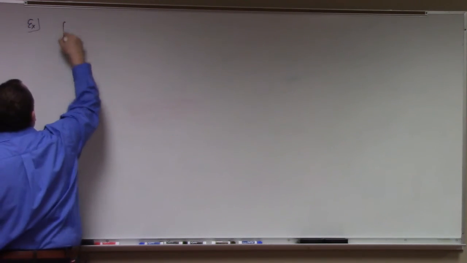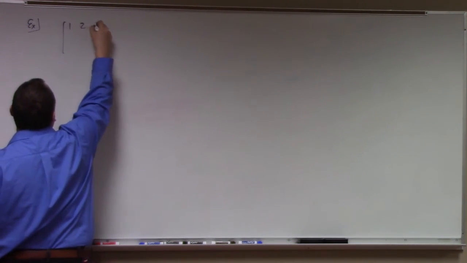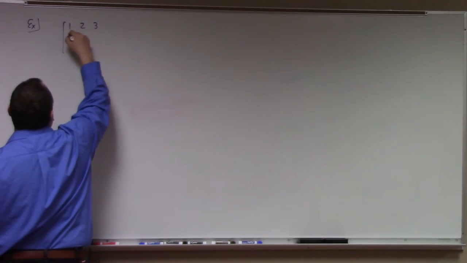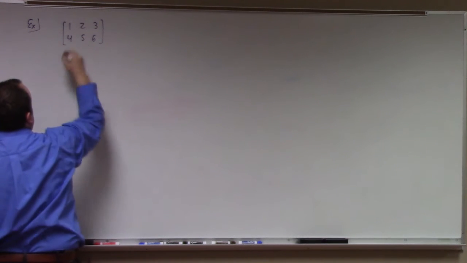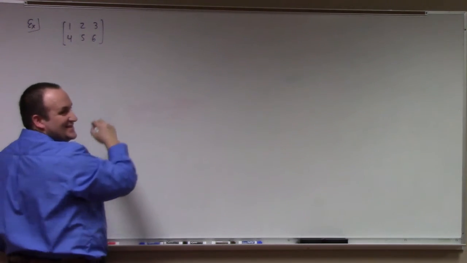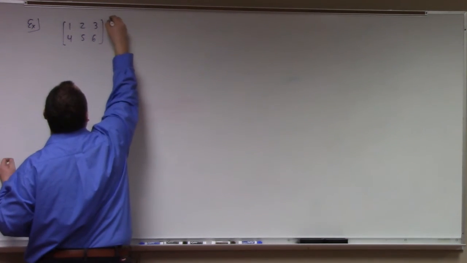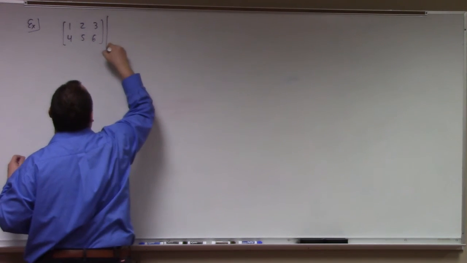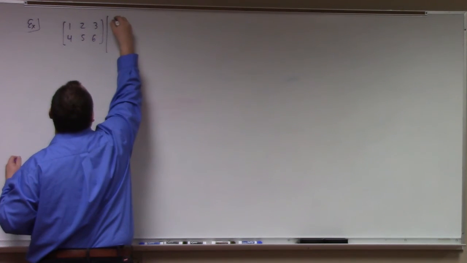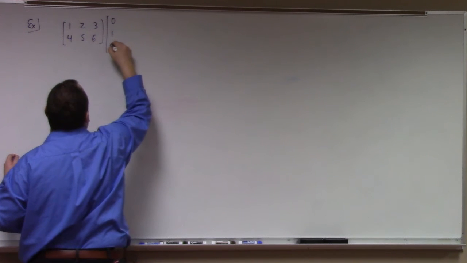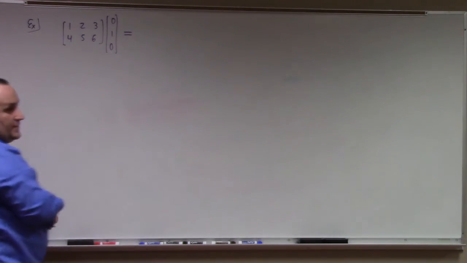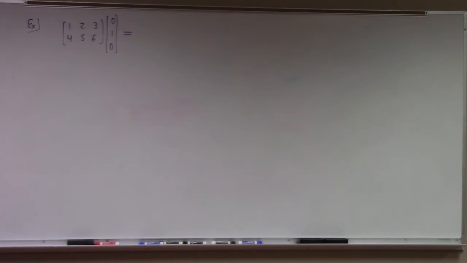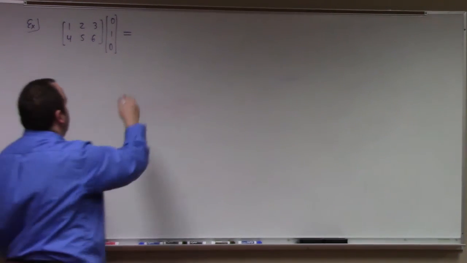So if I have, let's say, 1, 2, 3, 4, 5, 6. It seems like all of my matrices are the same, doesn't it? So if I take this and I multiply by the column vector 0, 1, 0, I could do that. The definition of matrix multiplication says that I get a what?